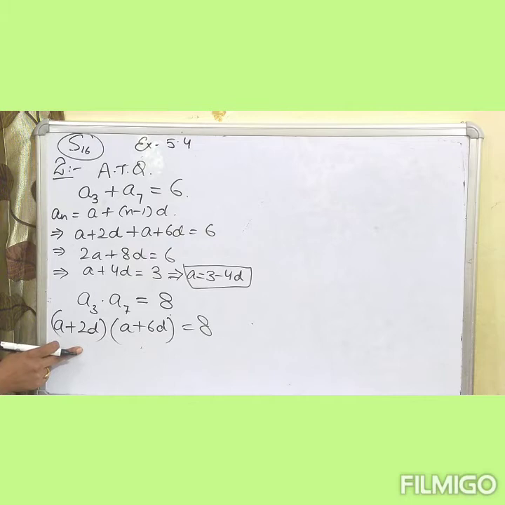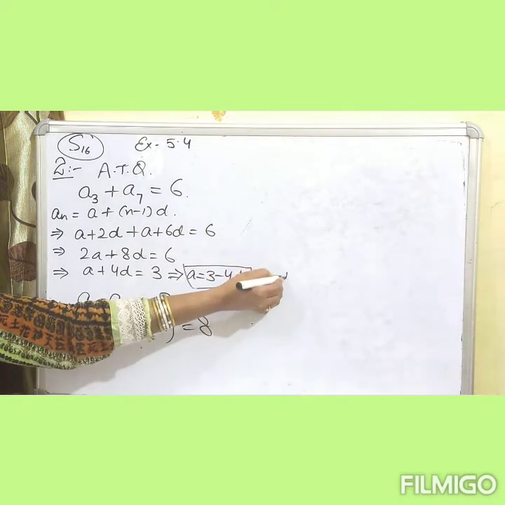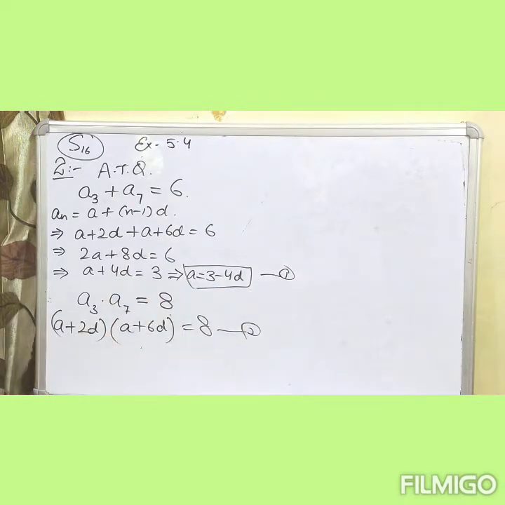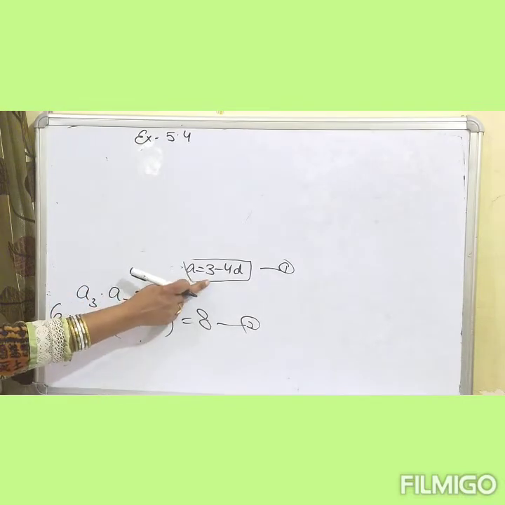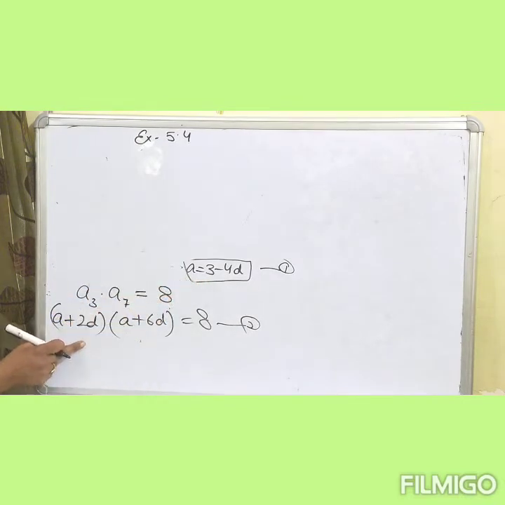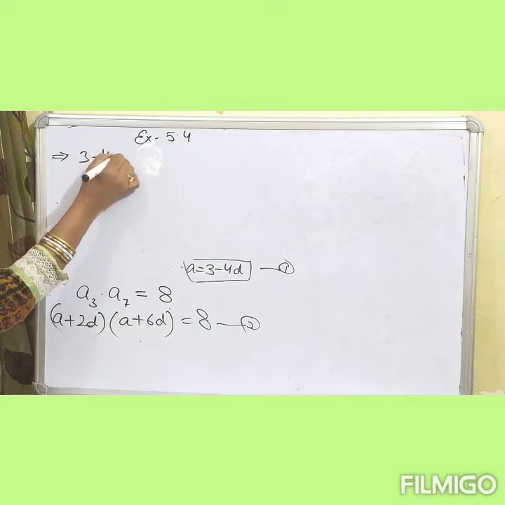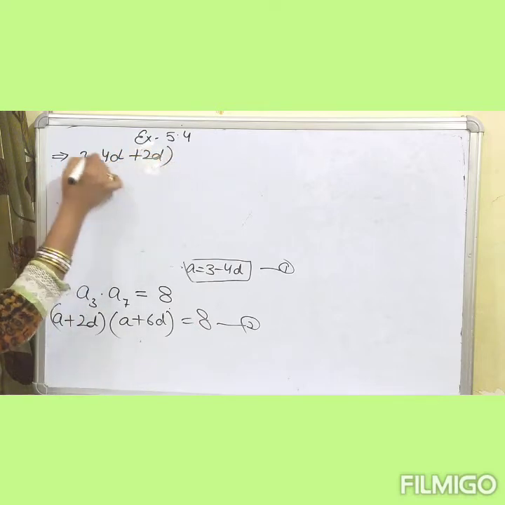Now what we have to do is put this value of A from equation 1 into equation number 2. So when I put this value of A in equation 2, what do I get? In place of A, I'll write 3 minus 4D, and plus 2D was already there.